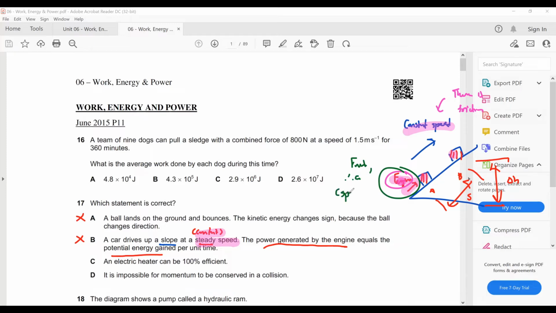So speed cannot be constant. But the case is that speed is constant here. So the only way that speed can be constant is if there is frictional force, frictional force opposing your motion. In your case, it will be force of the car engine equals to your frictional force.